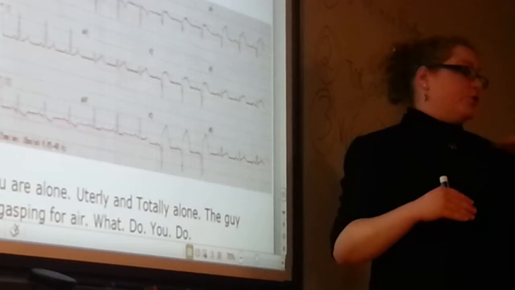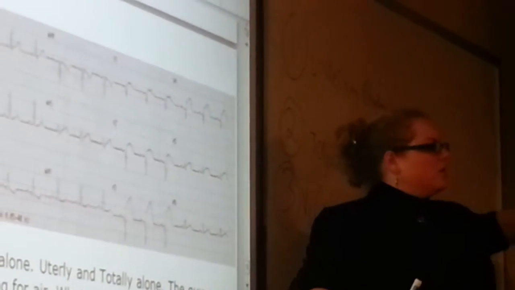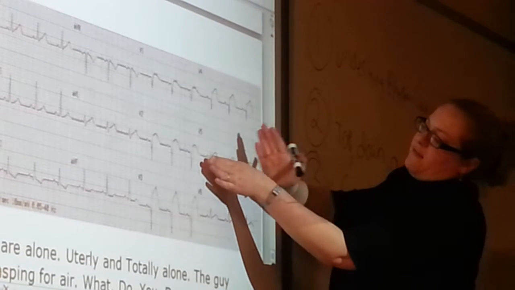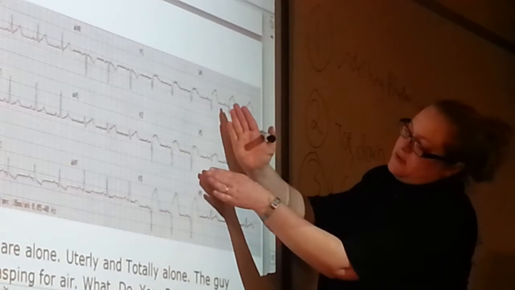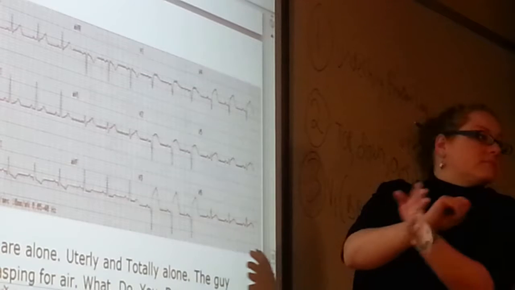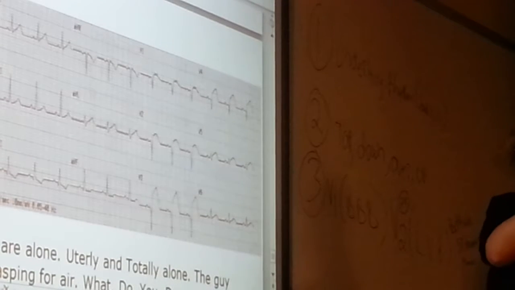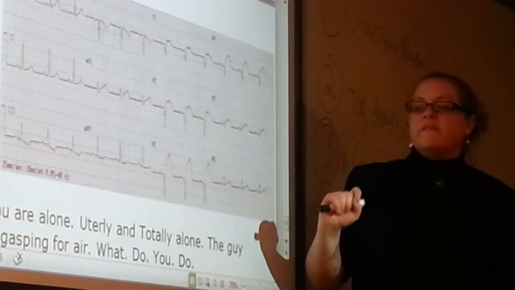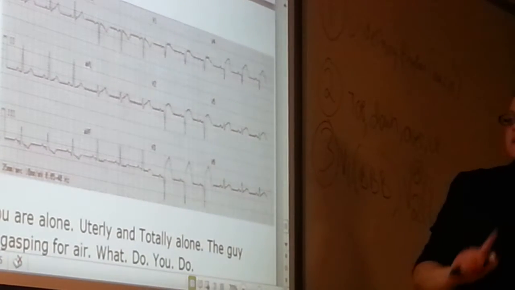Get yourself a piece of paper when you're doing this at home, find the isoelectric line, and lay it down, okay? And then if you have to, block off what you're looking at so you don't go cross-eyed. In this case, it is ST segment elevation. It isn't a line, but it is definitely there.